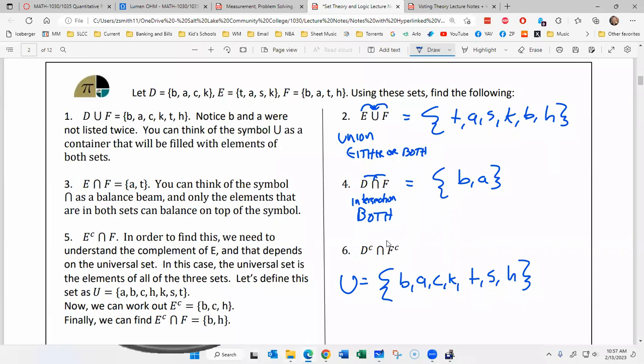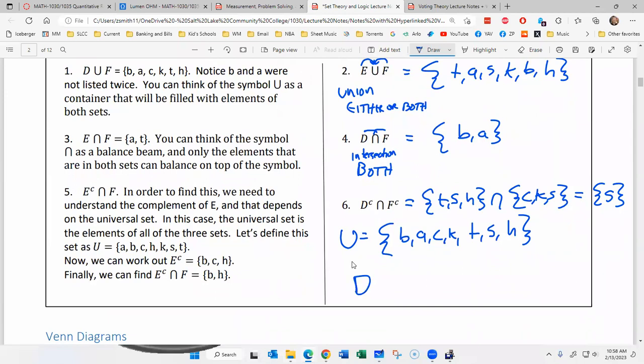So what's outside of D? D is B-A-C-K, so the T-H-S is outside. And what's outside of F? F is bath, B-A-T-H. The C-K-S, that's outside of F. And then we want to know what's in both of those. S. That's the only thing that's outside of D and F, the letter S.